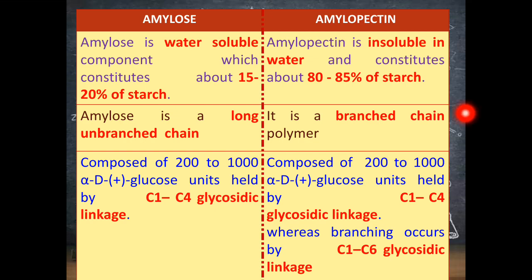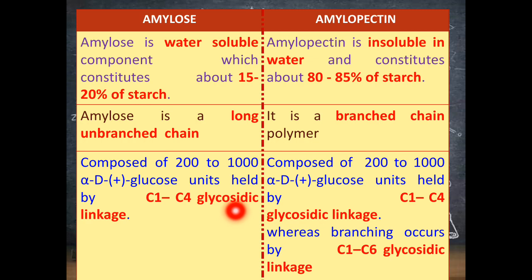This amylose is composed of around 200 to 1000 alpha D plus glucose units. Upon hydrolysis, amylose gives how many alpha D plus glucose units? 200 to 1000. And these units are held together by a link, called the glycoside linkage.